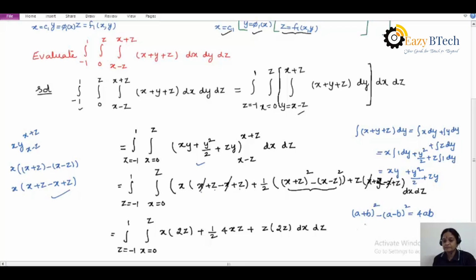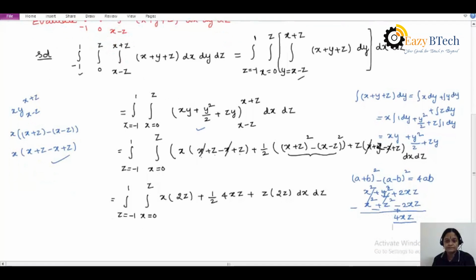See here, x square plus z square plus 2xz, and next thing is x square plus z square minus 2xz, and between minus is there, then symbols will be changed, then first two values will be cancelled, and final answer is 4xz only.